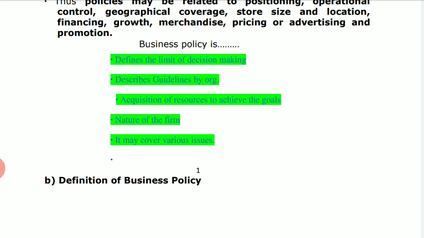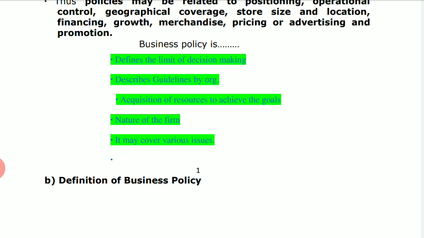So business policies are a kind of framework, they are the limit of decision making. Ultimately, if you read the business policy, the employees and the managerial team will come to know what limits they have to follow and within which limit the decisions can be made, right? So it is the limit of decision making. Number 2, it describes the guidelines by the organization.